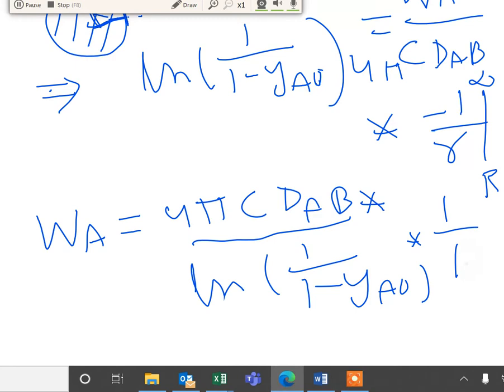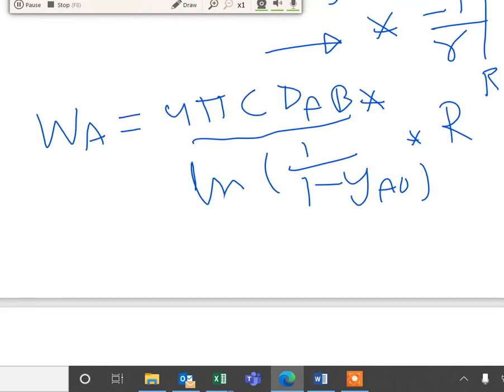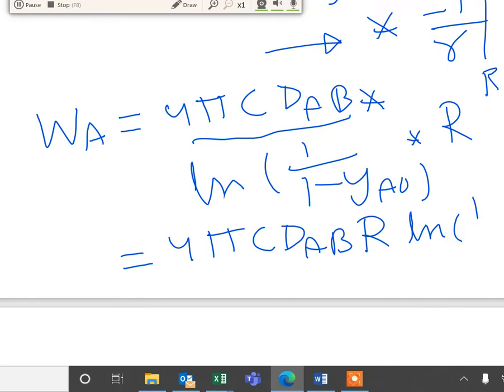Okay, 1 over R will come in this part. Sorry, this part, right? So WA, this R will go there, multiplied. So WA becomes basically 4 pi C DAB R times ln of 1 over 1 minus yA0. This is all ln.